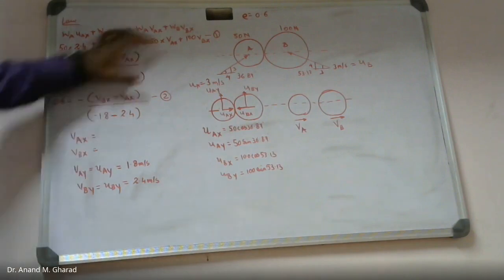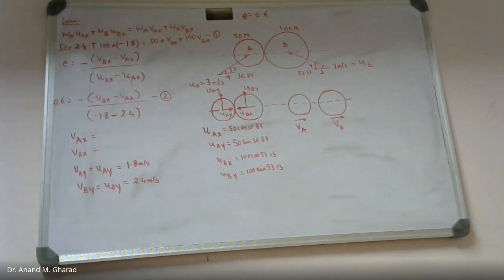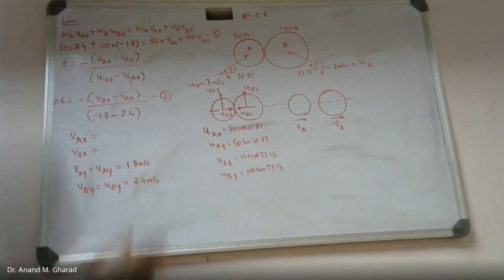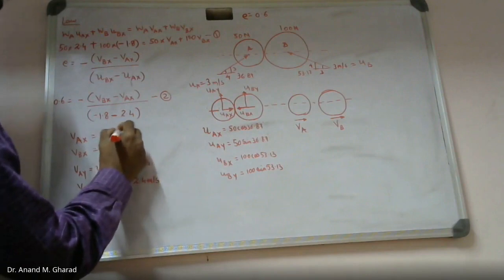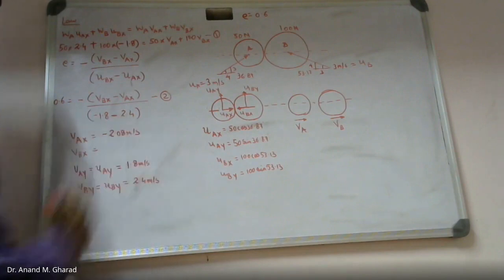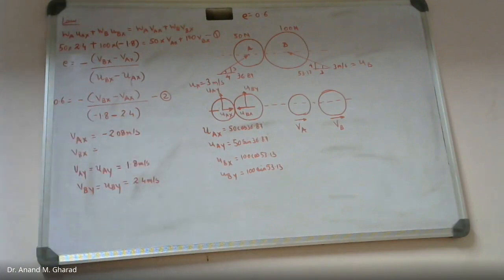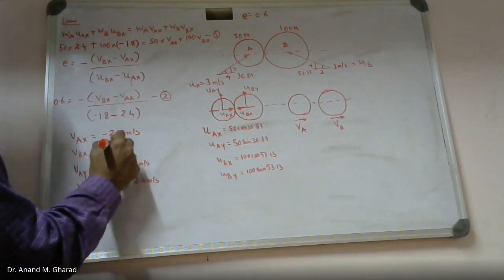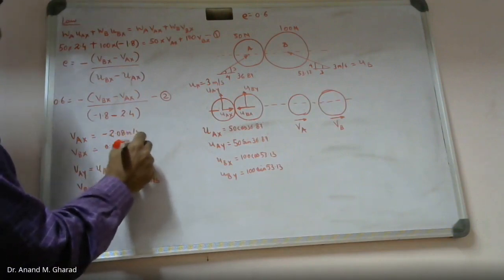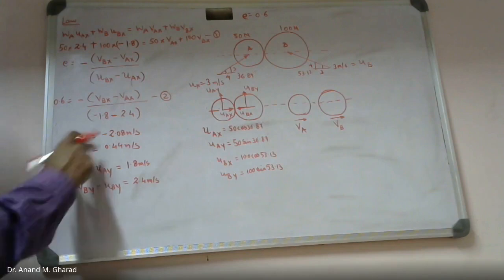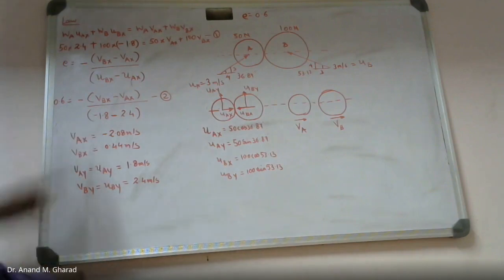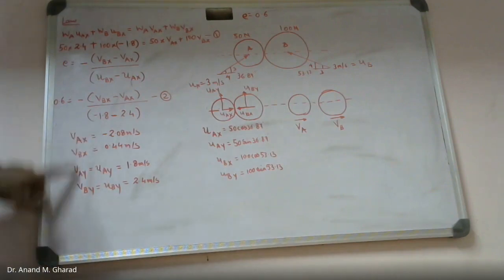Based on my calculation by solving 1 and 2, I am getting VAX value, that is the final velocity of A in the x direction, to be minus 2.08 meter per second. And VBX I am getting it to be positive 0.44 meter per second. Okay, these two values I am getting. So now the picture is clear.